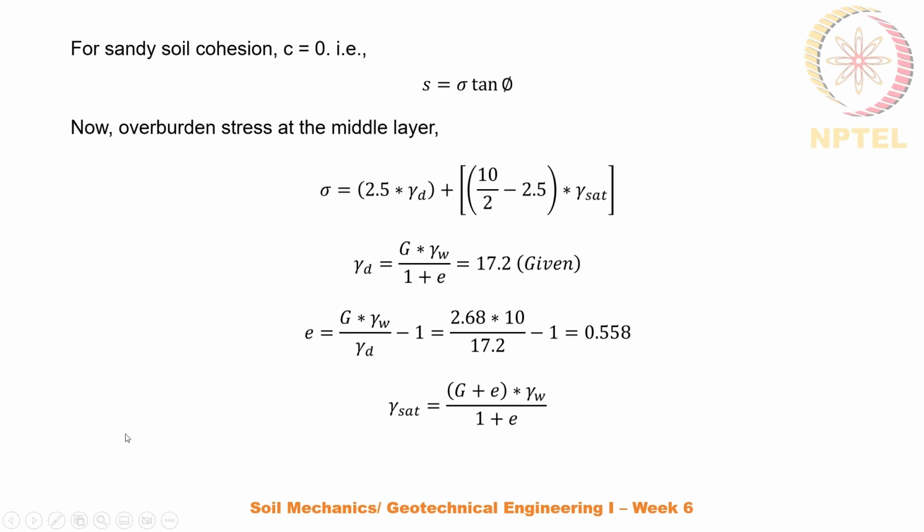Now, for the saturated unit weight, the equation we have is G plus E into gamma W by 1 plus E. But E value was unknown, and so we used the equation for dry unit weight to determine the value of void ratio E. Now, back substituting, we have gamma saturated is equal to 2.68 plus 0.558 whole into 10, the whole divided by 1 plus 0.558, which will give you 20.783 kilonewton per meter cube as the gamma saturated value.